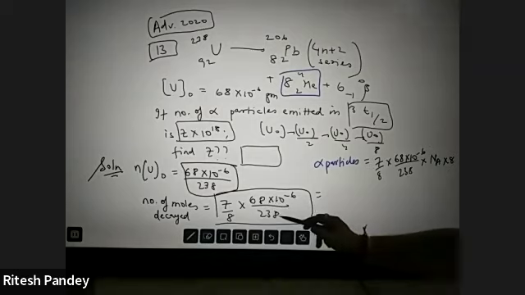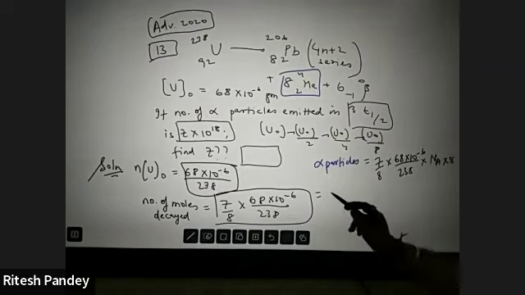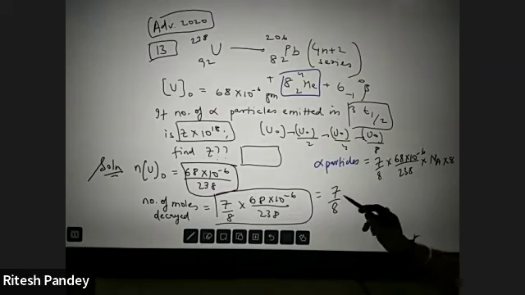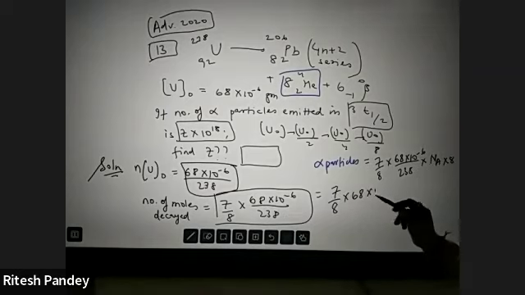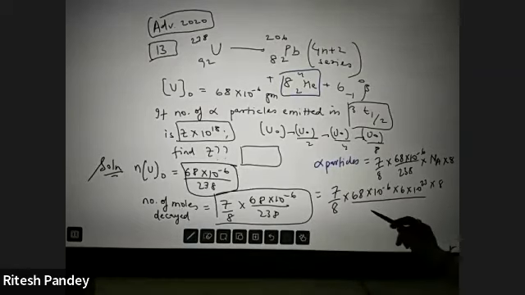If this is the number of moles decayed, this into 8 will be the number of alpha particles which will be emitted. So I want to write 7 by 8 into 68 into 10 to the power minus 6 into 6 into 10 to the power 23 into 8 upon 238, if I'm doing it all right.